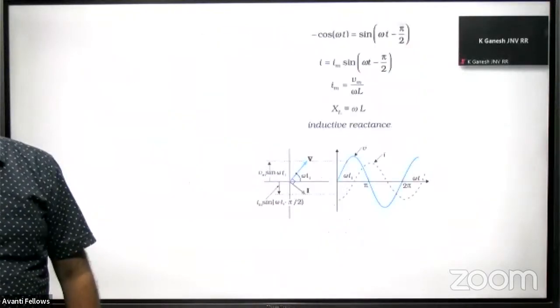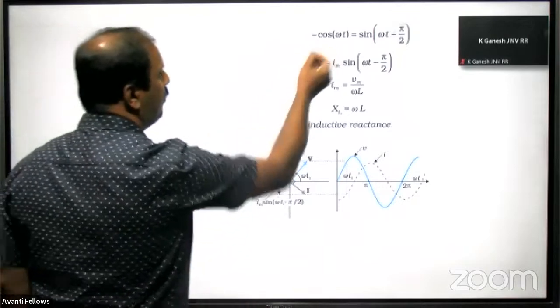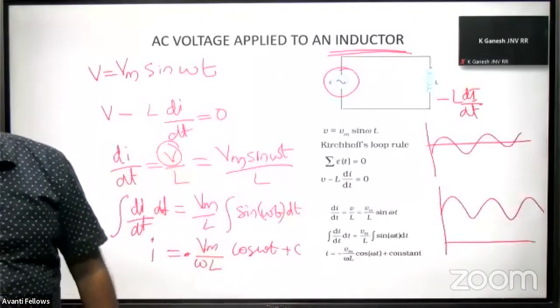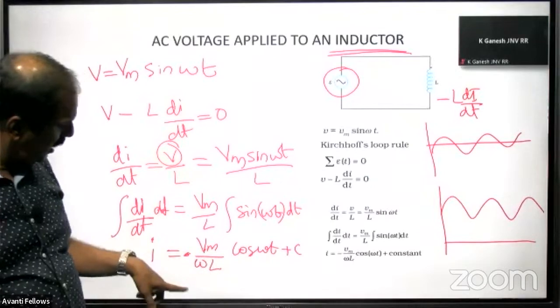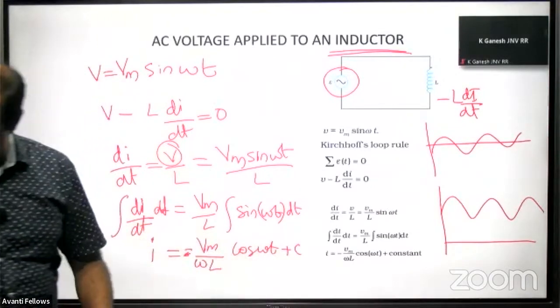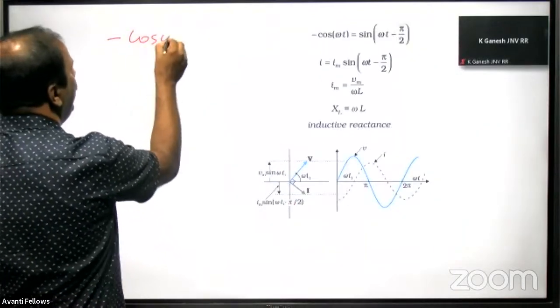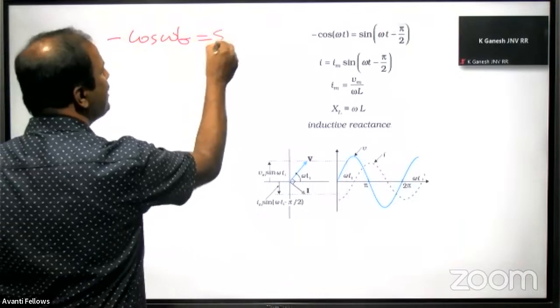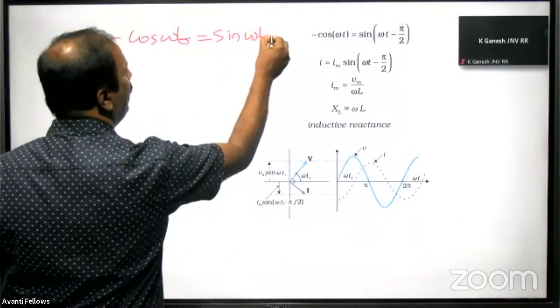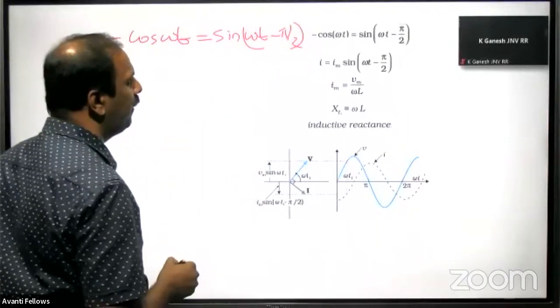Now we will discuss that minus cos omega t part. Here we have a minus sign, minus cos omega t. What to do? This minus cos omega t can be written as sin of omega t minus pi by 2. That is minus cos omega t.